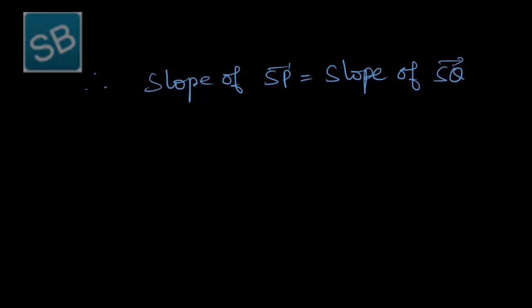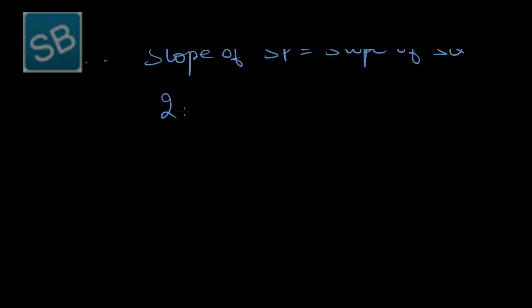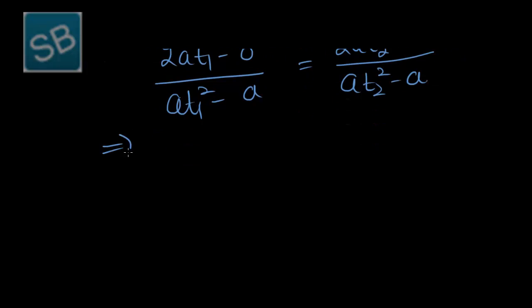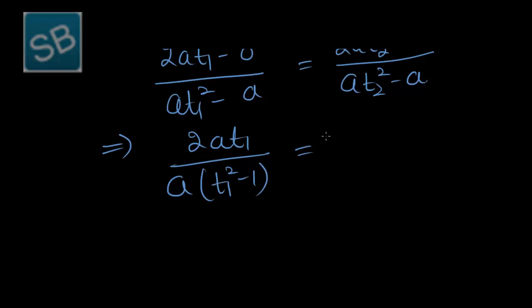So by the slope formula y2 minus y1, that is 2at1 minus 0 over at1 square minus a, and 2at2 minus 0 over at2 square minus a. So we will solve this. We will get 2at1 over a is common, t1 square minus 1 in the denominator, and 2at2 over a is common out, t2 square minus 1.